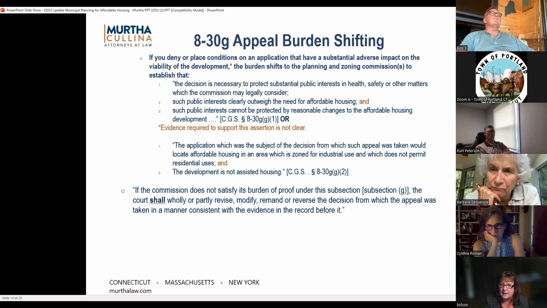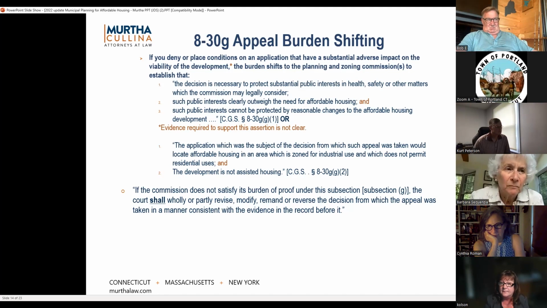Really hefty burden, I'm going to tell you. And there's a lot of case law on it. Really hefty. And that those public interests cannot be protected by reasonable changes to the affordable housing development. Okay.